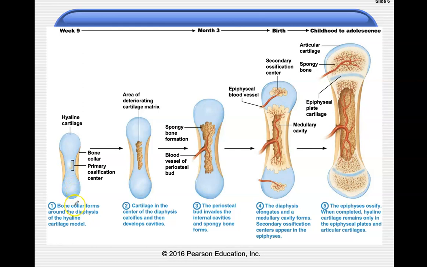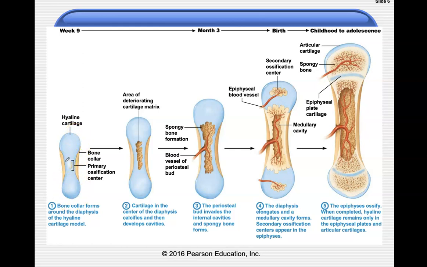And so then our first step here is going to be the development of this primary ossification center, as well as the formation of this bone collar. So the bone collar is basically going to happen when blood vessels infiltrate the perichondrium, which is the outer layer of connective tissue for the cartilage model.